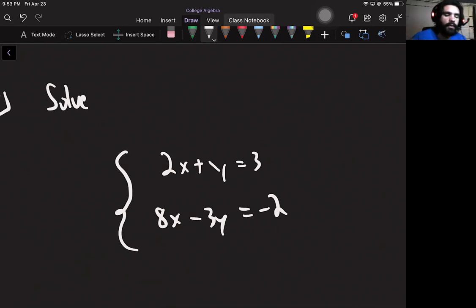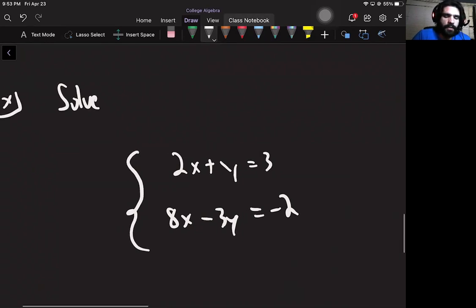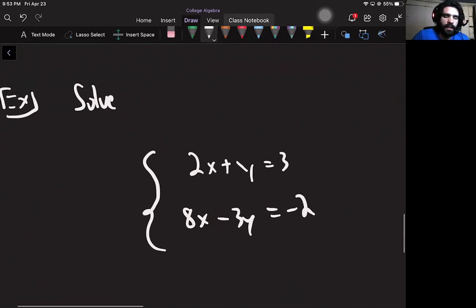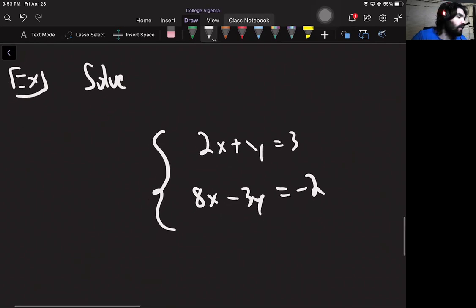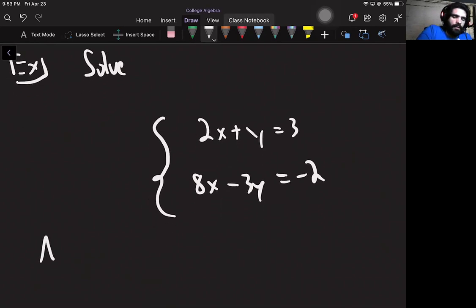We're going to end up with some sort of x and y value. And what does it mean? It means that the x and y value that we get, the pair, are going to work for both equations at the same time, not just one or the other. So that's the purpose.